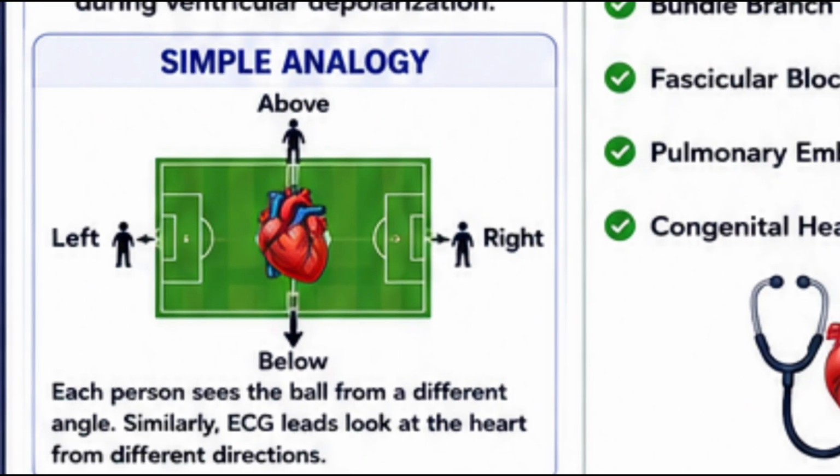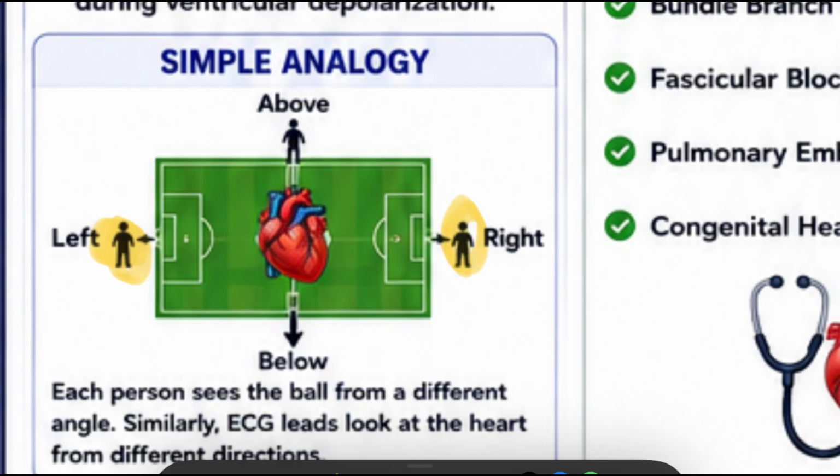just imagine four people standing around a football field. So one person watches from the left. So you can see here, this is the one person watching from the left and one from the right. Okay.